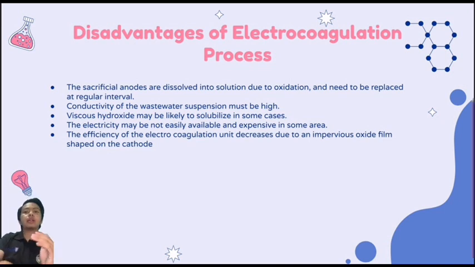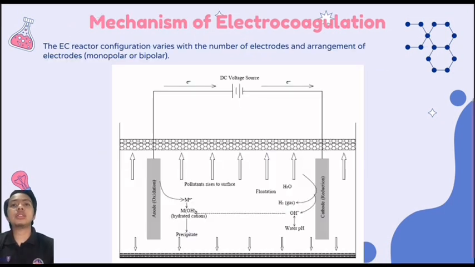For the next part is the mechanism of the EC reactor. This is a diagram of a bench scale EC reactor. Electrochemically produced metal cation Fe3+ or Al3+ will react spontaneously and produce the corresponding hydroxide and or polyhydroxides according to complex precipitation kinetics.